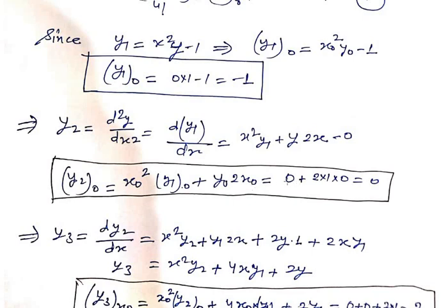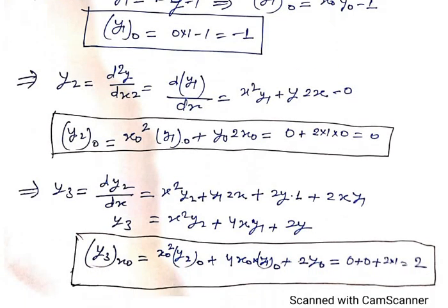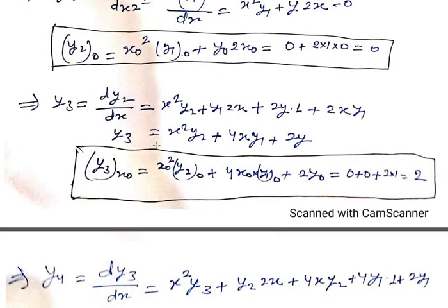Now put all the values over here and I am getting y2 at 0 as 0. So I get y1 at 0 as minus 1 and y2 at 0 as 0. So one non-zero value and one zero value. Again I will go for the next order derivative, y3. y3 means d of y2 upon dx. It means d3y upon dx3, and d3y upon dx3 will be what?